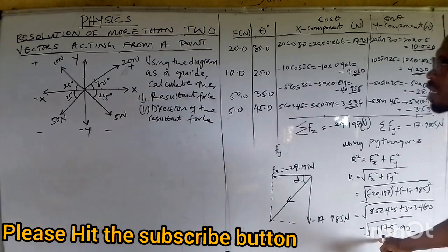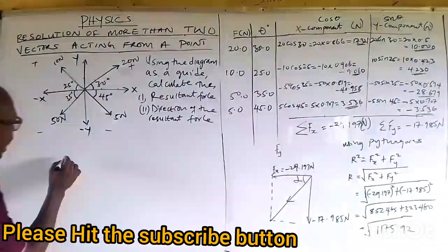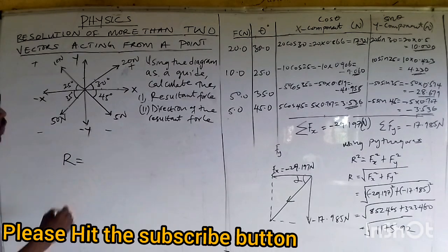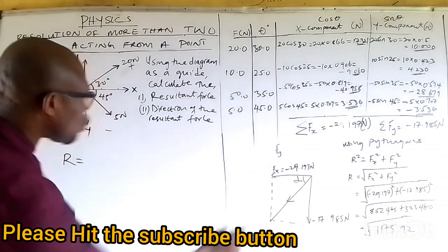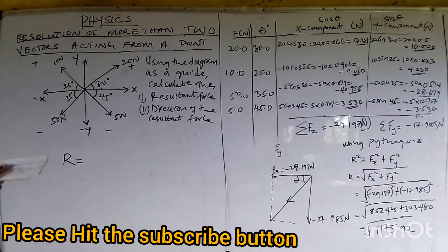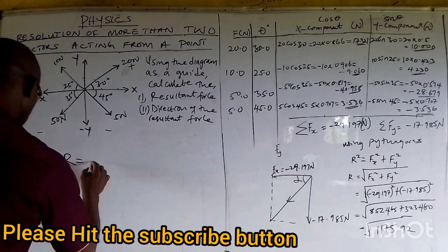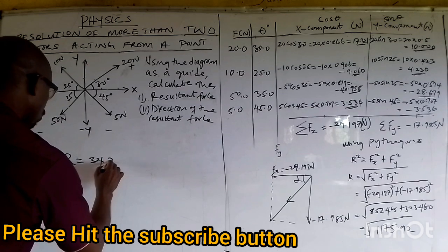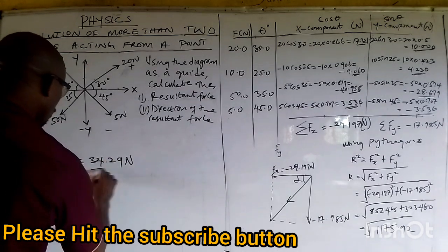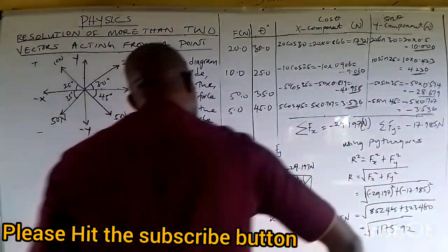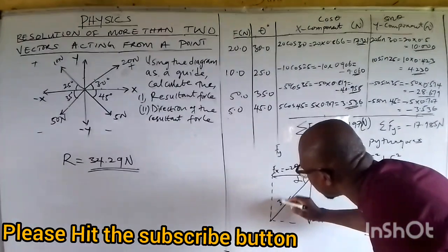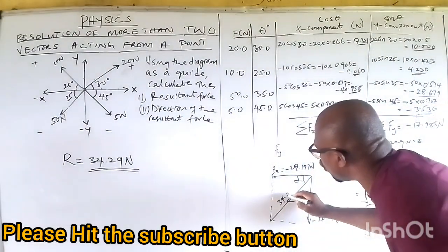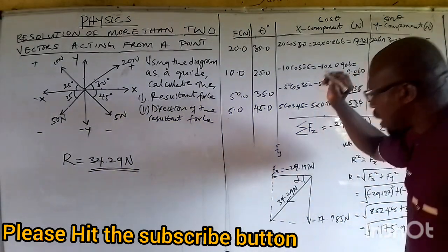So if we take the square root of that, R will give us the square root of 1,175.92, which is 34.29 Newton. So we can bring it here, 34.29 Newton as a resultant.